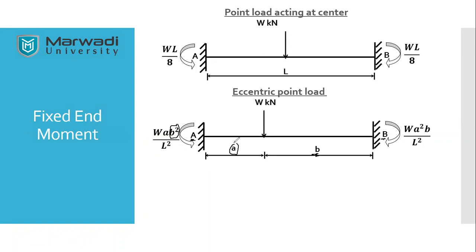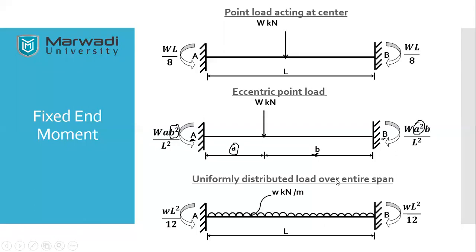It is A, so I will square A. This is how you can remember it, because deriving the formulas each and every time will not be possible. So these are the first two cases. The next one is when a UDL is acting over the entire span. As the load is symmetric, the moment at both sides will again be symmetric, so that will be W L square by 12.